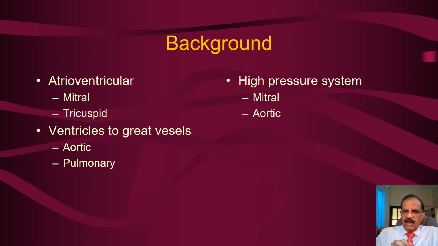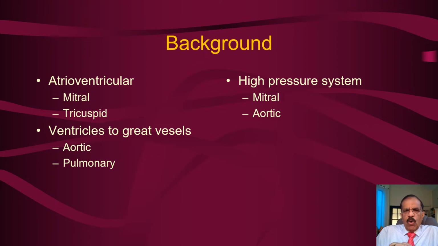In rheumatic valvular heart disease, the commonest valve which is affected is the mitral, and the second commonest is the aortic. In fact, aortic involvement is usually in addition to mitral. And isolated right-sided involvement in rheumatic heart disease is almost impossible.